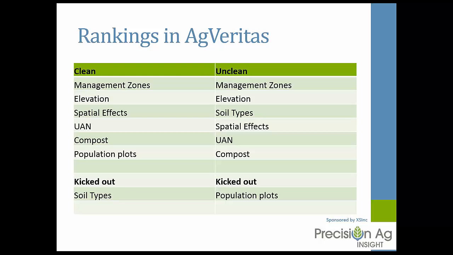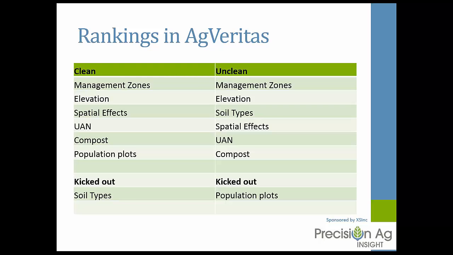So if I was using that unclean data set, the model would have indicated to me that there was no population response. However, you can see that it was included in the clean data set. It ranked relatively low, but it was significant in determining final yield, so you can see the importance there.